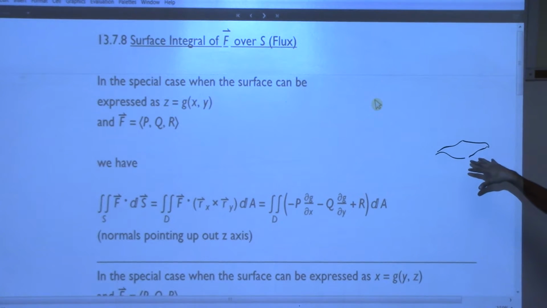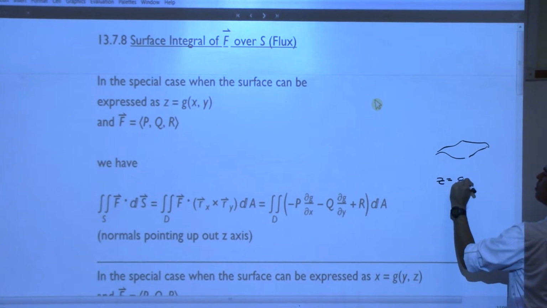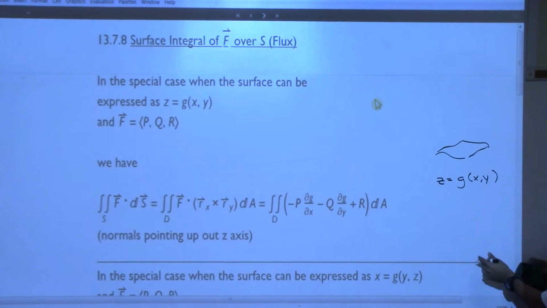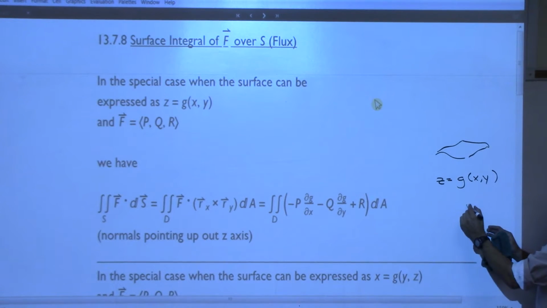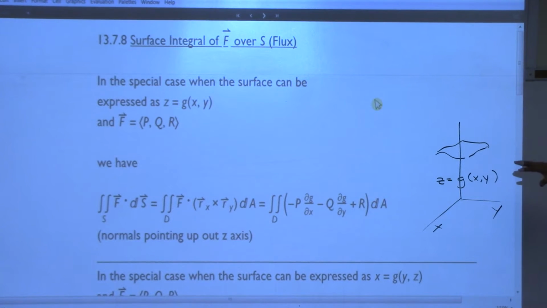If I have that situation, would you agree that I could say z is some function of x and y? If this is the ground down here, x, y, z, you've got some surface up there.